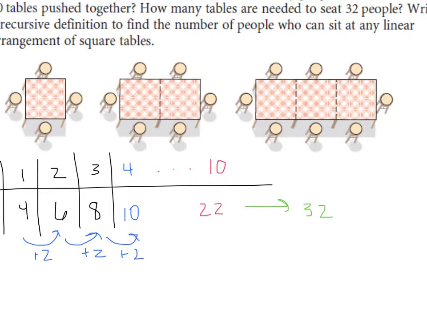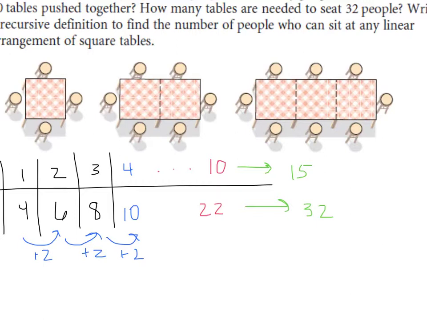So that means we're not adding 10 tables to get from 22 to 32, but we're adding 5 tables. So adding 5 tables to the 10 that we already had, that's 15 tables. Okay? You can think ahead like that, or you can just continue to fill out the table all the way up to 10 tables, and then for the second part of our question, fill up the table until you get 32 people in a seat.